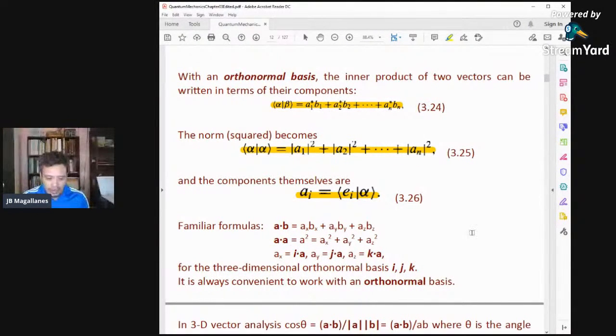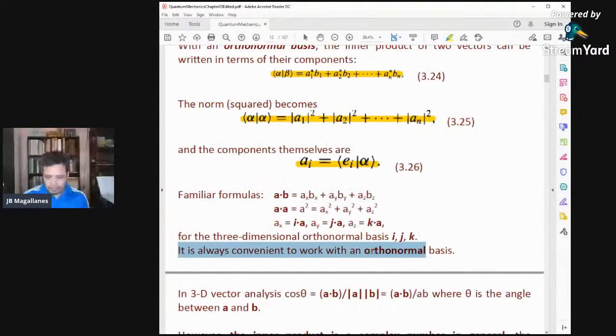For a dot b in 3 dimensions, you have ax bx plus ay by plus az bz, or a dot a is equal to a square equal to ax square plus ay square plus az square. And the components: ax you can get by dotting i to A, then j to A, and az of course is k dot A.